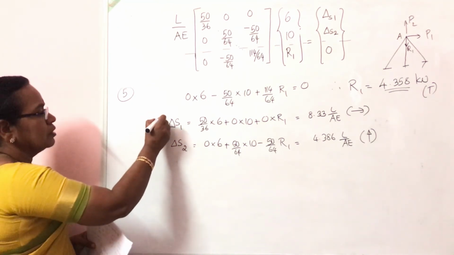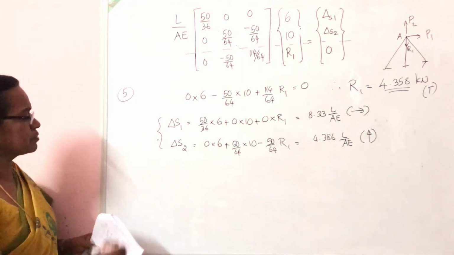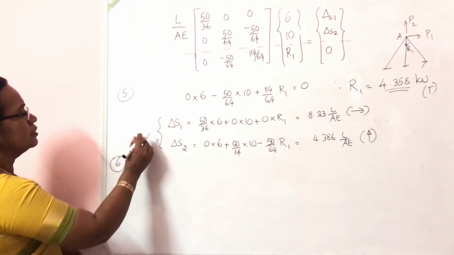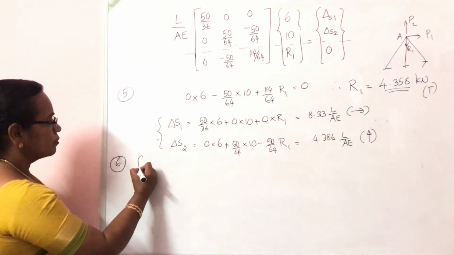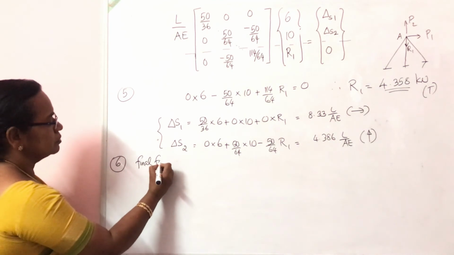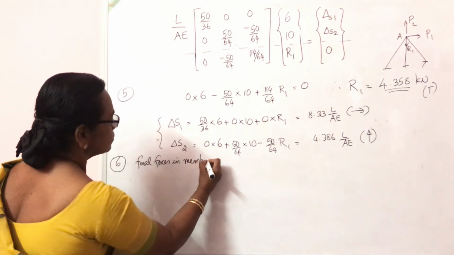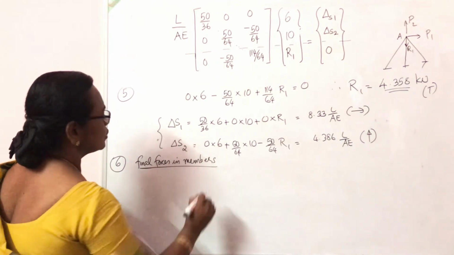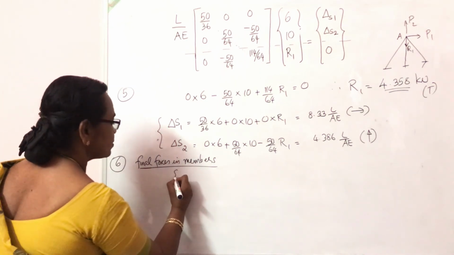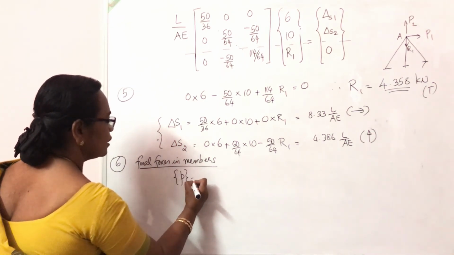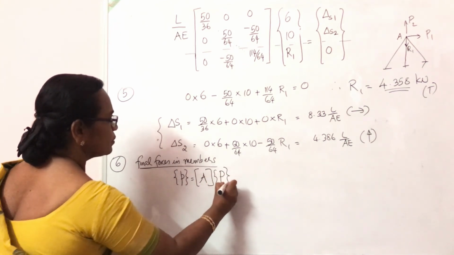Now this is not the question. The question is we have to find all the forces in members. This was the displacement of the loaded joint. Next we will go for the final forces in members. For that, refer to the transformation matrix equation: forces in members are P is equal to A into P. Refer to the second step.